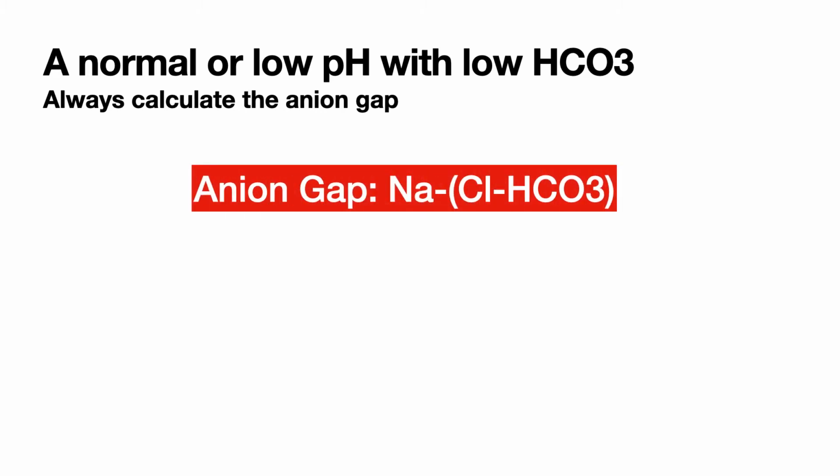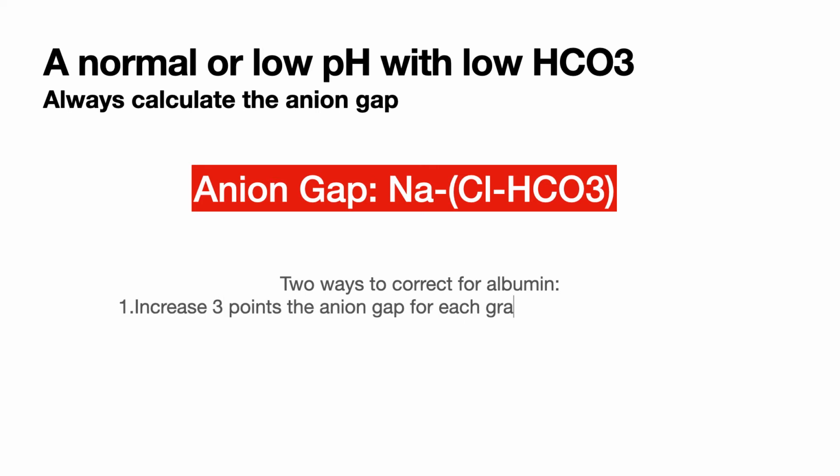So the anion gap is sodium minus chloride minus bicarb. This is what we are looking for. And there are two ways to correct for albumin. This is very important if they are giving you a patient with low albumin. So if the patient has a 3 of albumin, just bump 3, whatever you got from the anion gap, or use the formula.